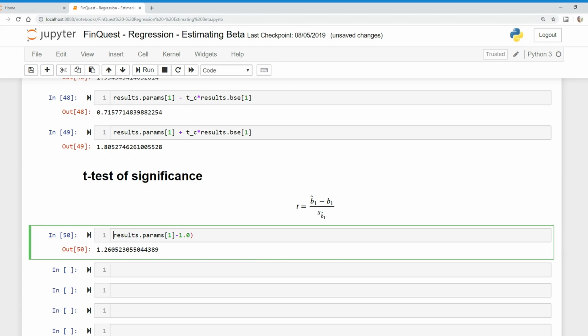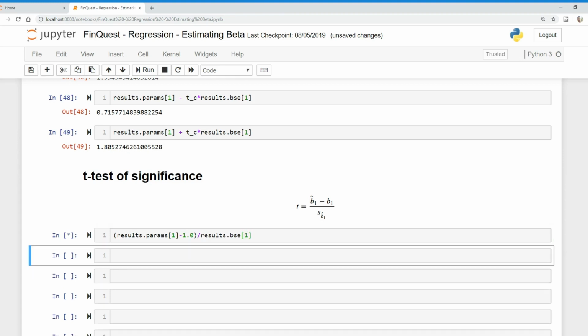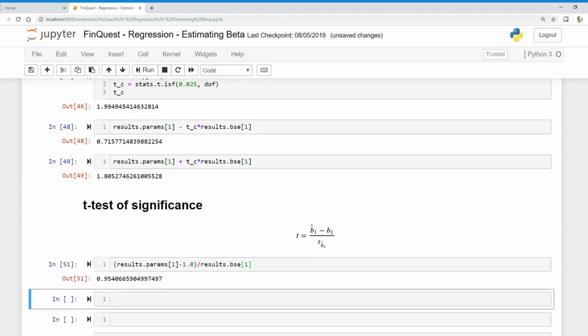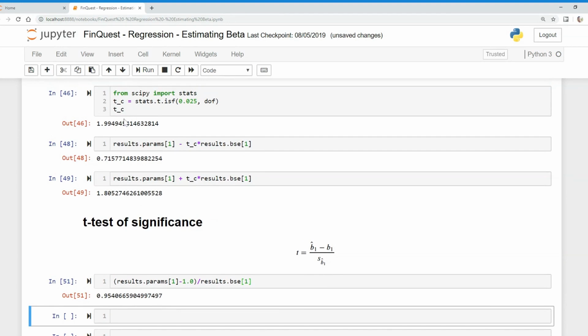We divide all of that by the standard error of the estimated coefficient, so that's divided by results.bse[1]. And we get 0.954. Since 0.954 is smaller than our t critical value that we computed above, 1.99, we cannot reject the null that b1 equals 1.